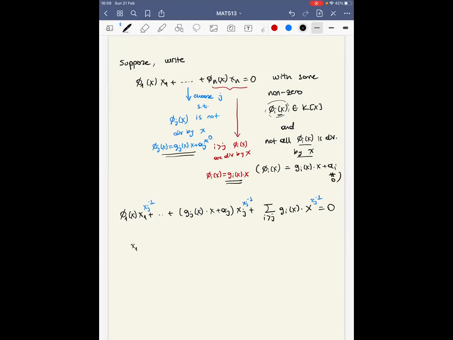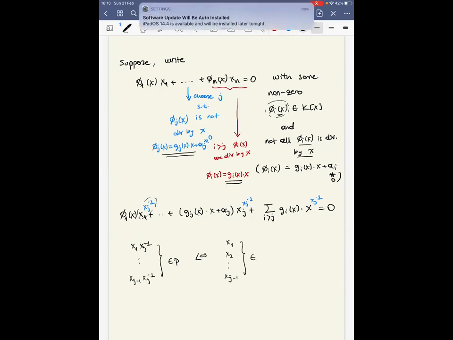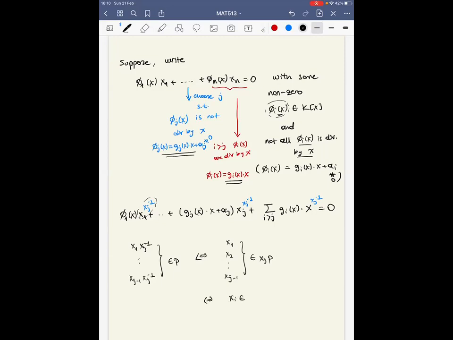because the terms in this multiplication, x_i times x_j inverse, are elements in P, because we have chosen x1 up to xn from the sequence that satisfies this property.